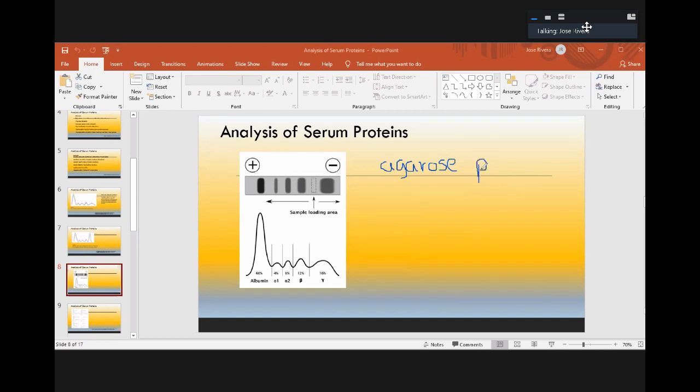So in an agarose gel, I'm telling you the pH is 8.6, and it makes all the proteins negative, right? And so you're supposed to understand that the proteins are negative because of the pI, and the buffer pH is higher than the pI. And so the reason albumin migrates faster is because it has more of a negative charge.